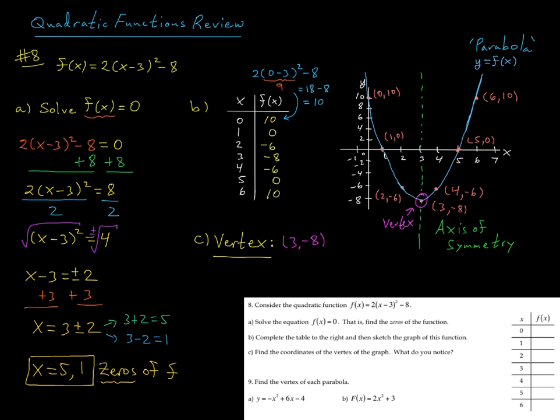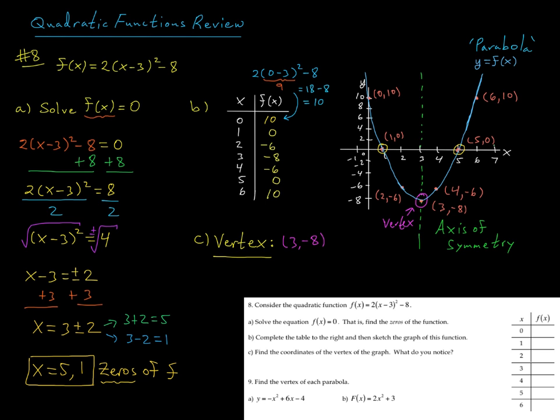I think there are probably lots of possible responses to that question, but the thing I'm really aiming at here is that if I look back at part A, the zeros of the function are the x-coordinates of the points where our curve crosses the x-axis. So these 2 points right here, 1, 0 and 5, 0, have their x-coordinates equal to the zeros of the function.